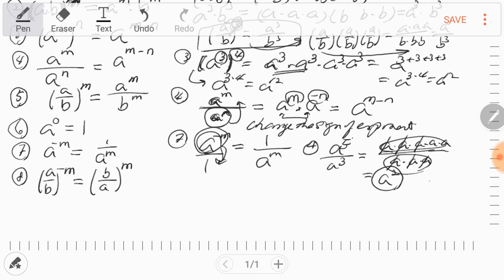So what we do is a to the 5 minus 3, so it will be a squared. So move up, then change the sign of the exponent. Then this is equal to a to the 5 minus 3, a squared.